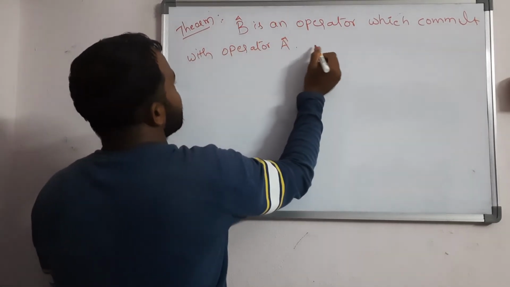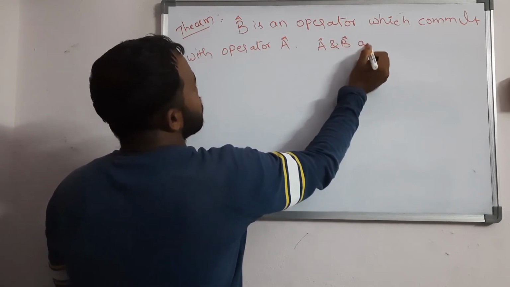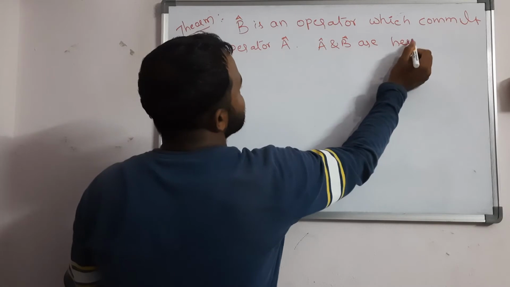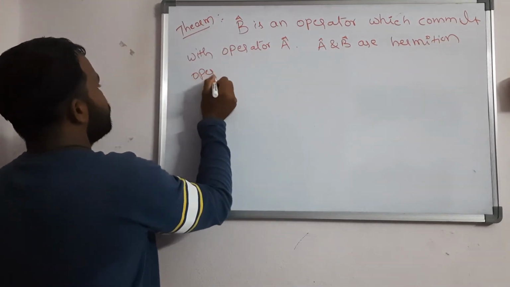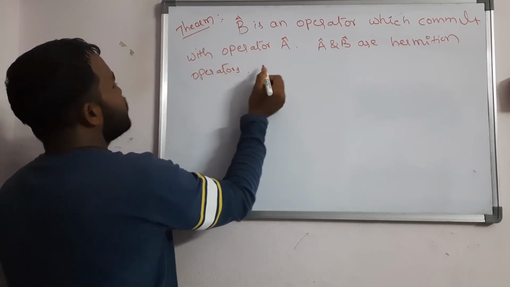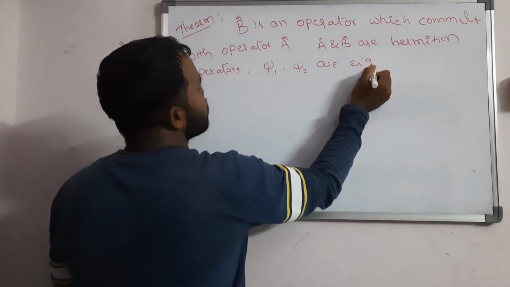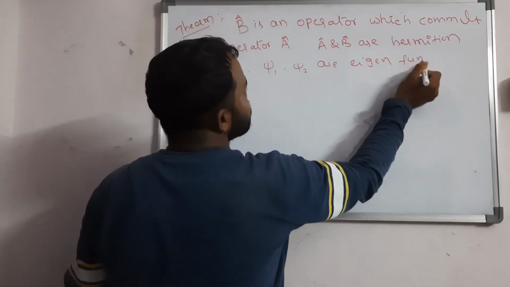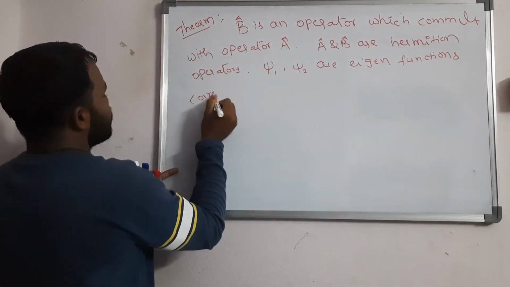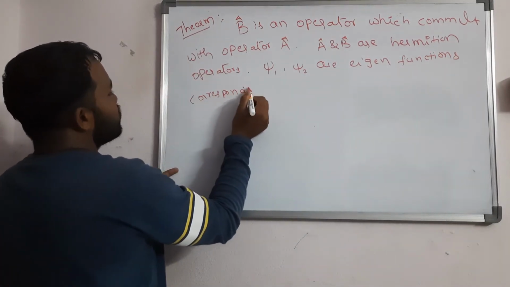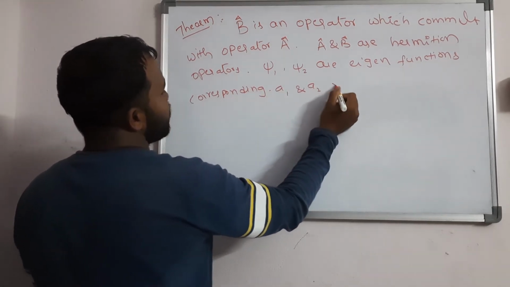So here A cap and B cap are Hermitian operators. Psi 1 and psi 2 are eigenfunctions, with corresponding eigenvalues A1 and A2 respectively.